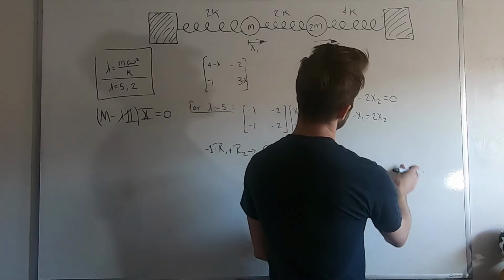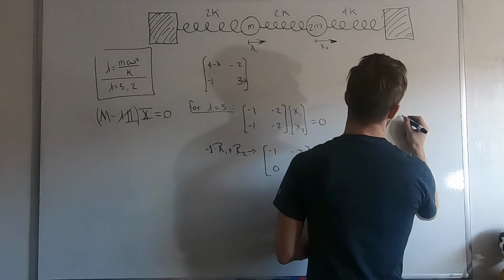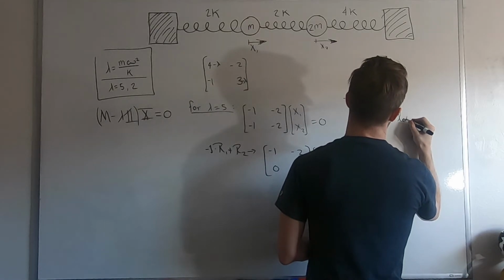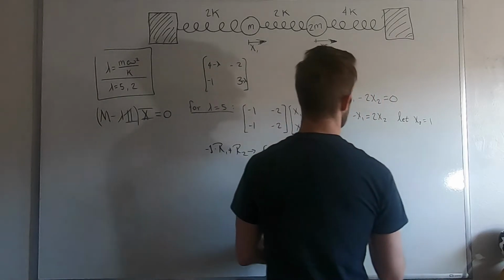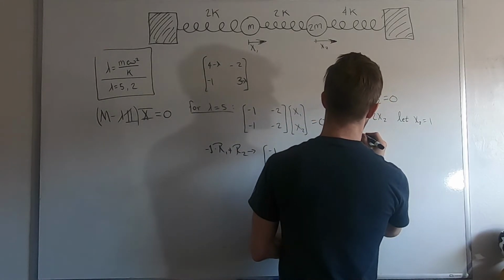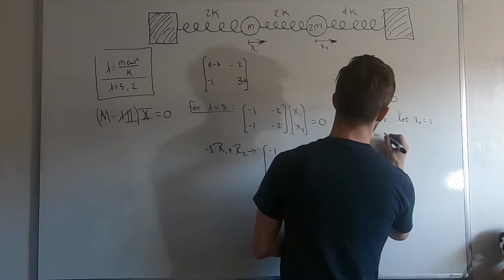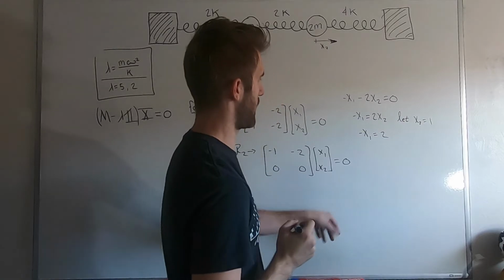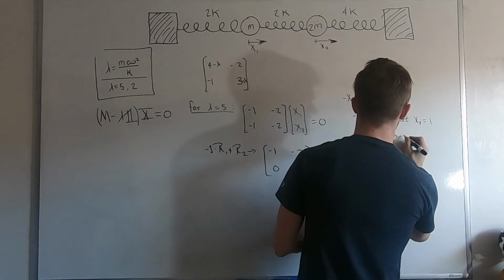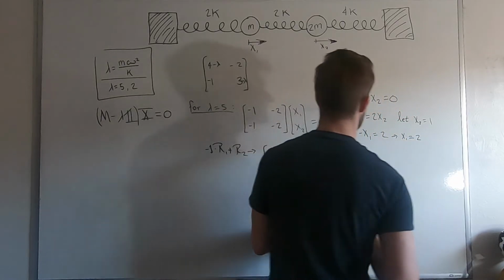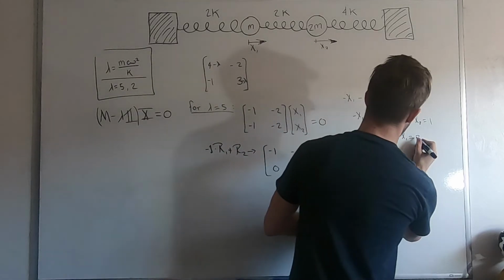So let's let x2 equal 1. What we get is negative x1 equals 2, and we can divide out that negative sign, so x1 equals negative 2.